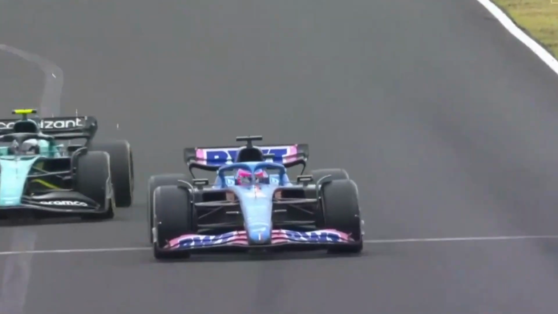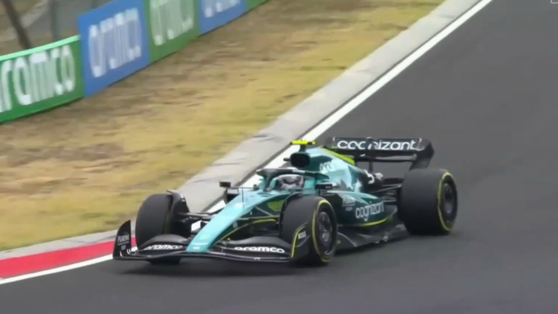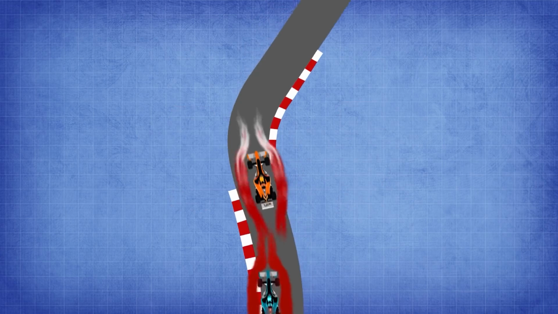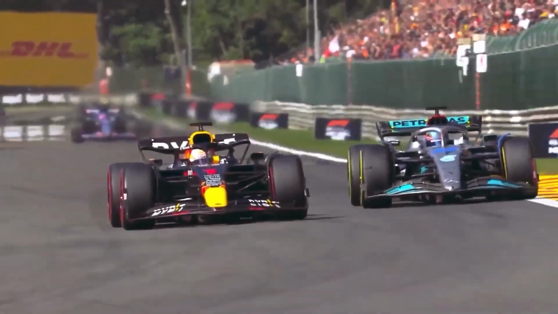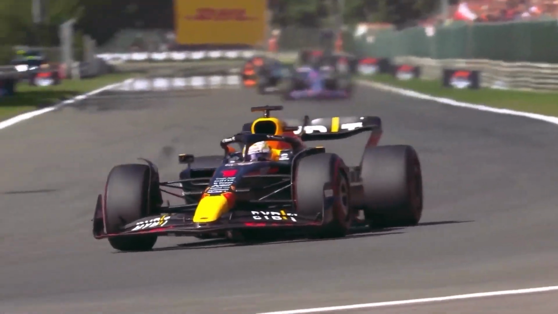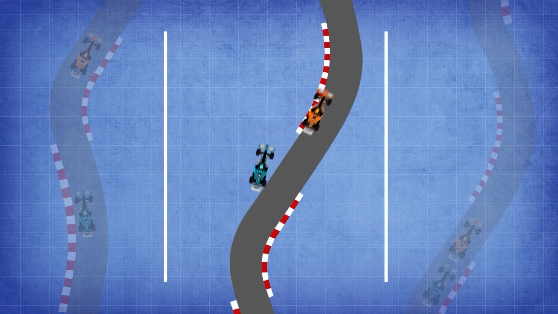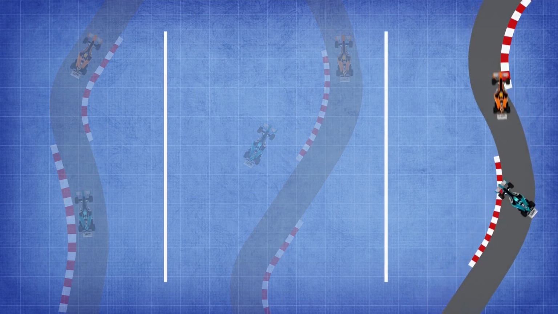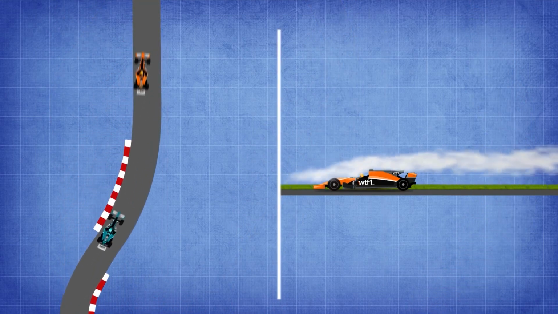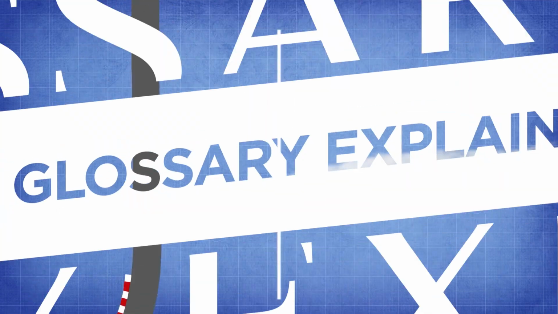And while dirty air can be frustrating for drivers trying to overtake, it can also be used strategically, as leading drivers can use it to block their opponents and prevent them from making a move. The study of clean air and dirty air is an important part of Formula One racing, and teams are always looking for ways to gain an advantage over their rivals.